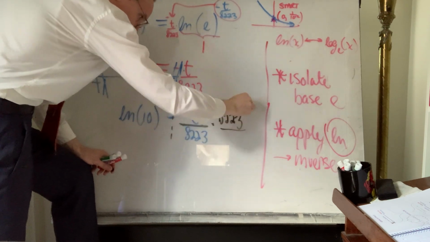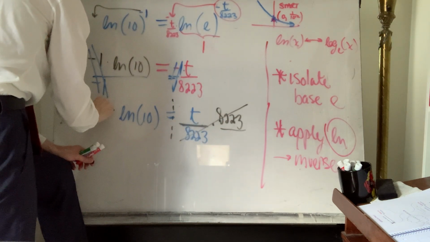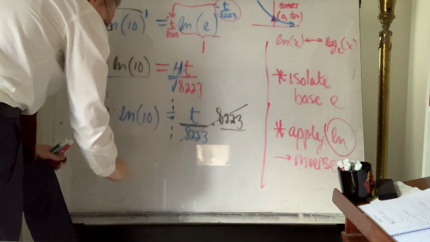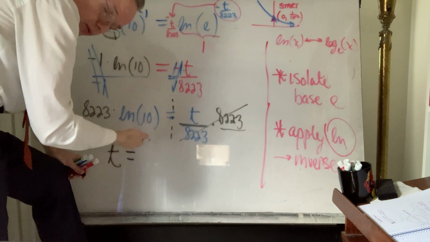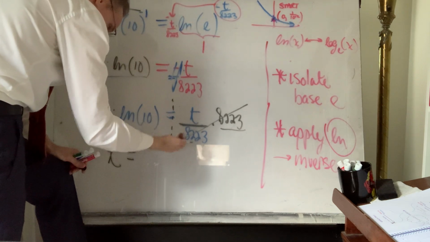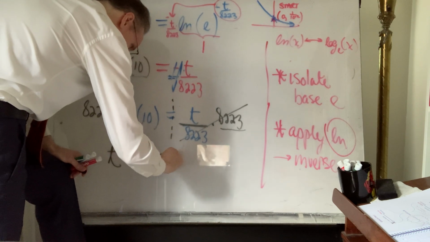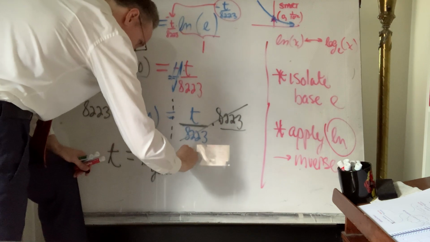There's a cancellation effect. If you've done it here, you're obligated to do it here. So t, the amount of time that has transpired since something apparently died, would be 8,223 years times the natural log of 10.